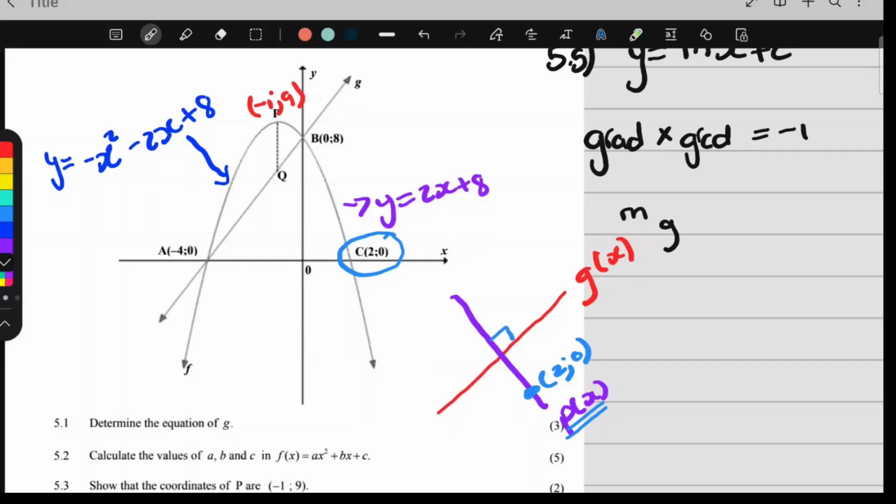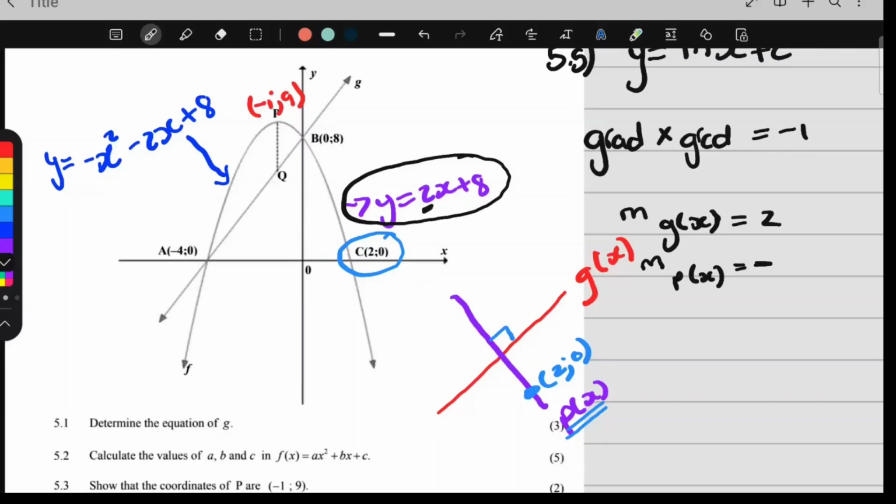If the gradient of g of x, so here's the equation of g of x, the gradient is this number here in front. If that gradient is 2, then the gradient of p of x is the opposite sign. So if this is a positive 2, then the gradient of p of x is a negative.